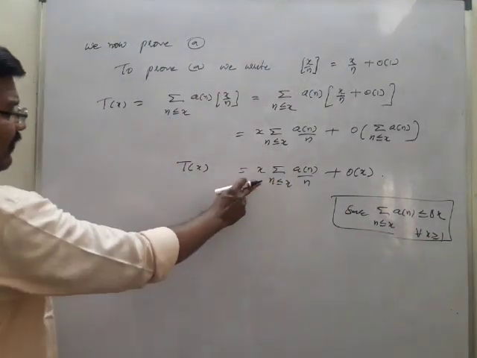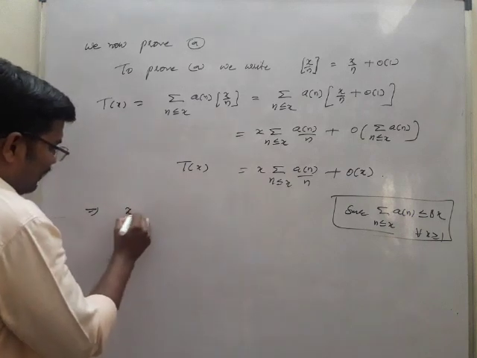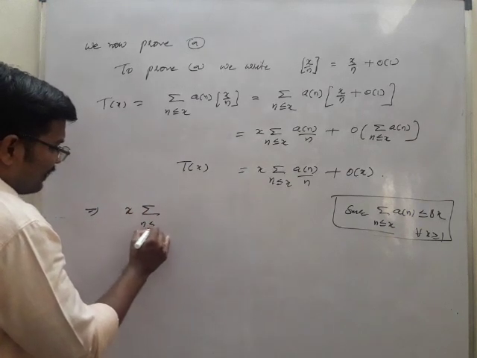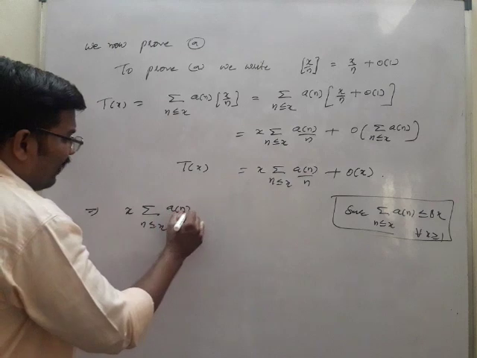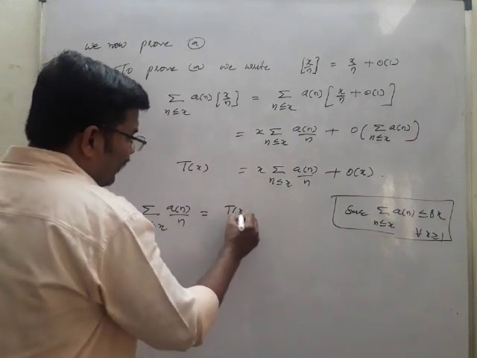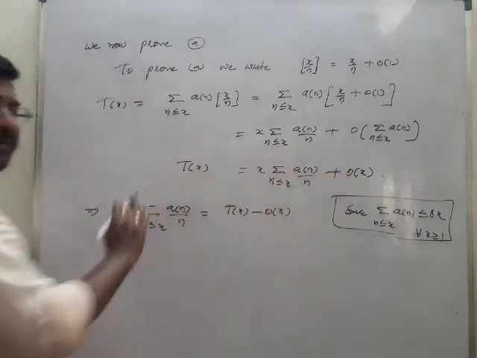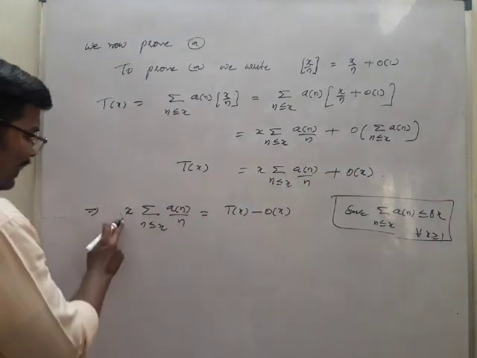So from here, what we are going to write is x times summation n less than or equal to x, a of n by n, is equal to T of x minus big O of x. I have taken this one to the left side, and x I will take to that side.